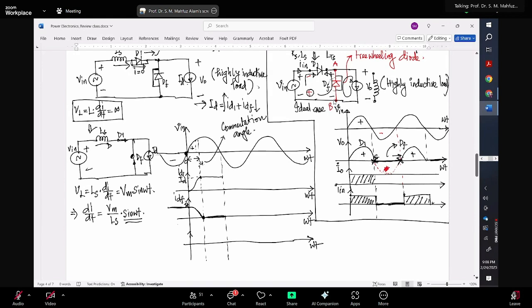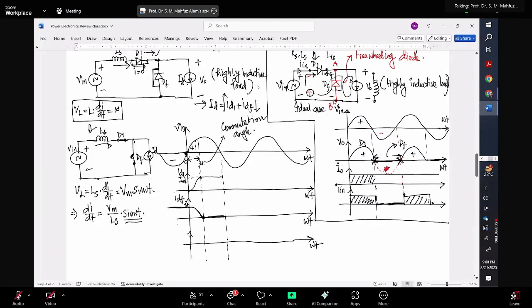during this portion, from here to here, since DF was on, although the current through diode DF is decreasing, it is still operating, meaning the output voltage would be 0.